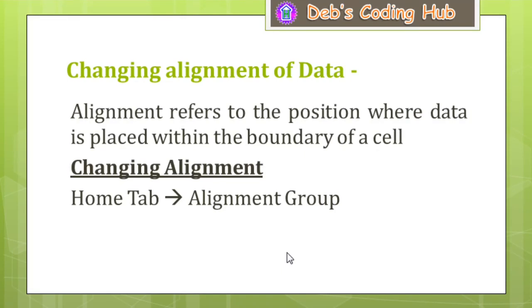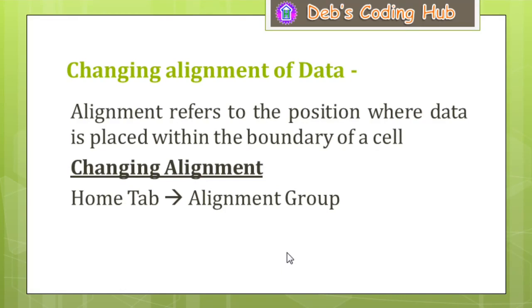Horizontally I can place the data to the left of the cell, center of the cell, and right of the cell, and vertically it could be on top of the cell, bottom of the cell, or at the center of the cell, which is called middle. So vertically when it is centered, it is called middle in MS Excel.